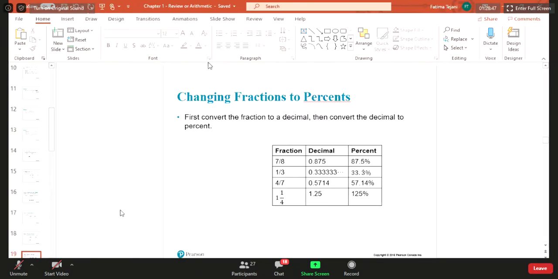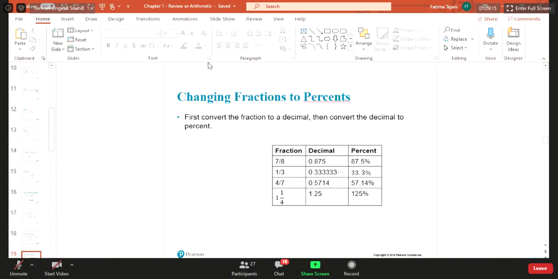Okay, let's go. So change the fraction to percentage. How do you convert fractions to percentage? You can directly convert 7 divided by 8 to percentage, 7/8 times 100, because you're converting into percentage. Or you can first convert it into decimal and then multiply by 100.